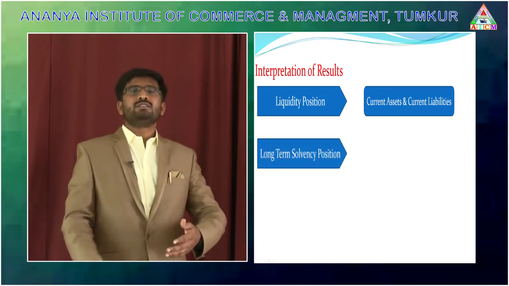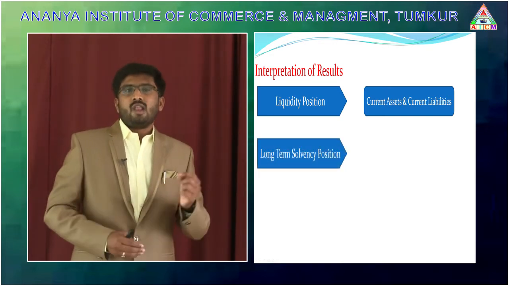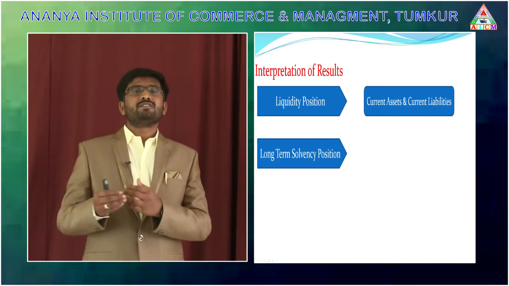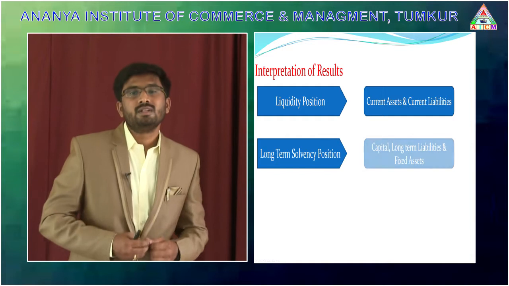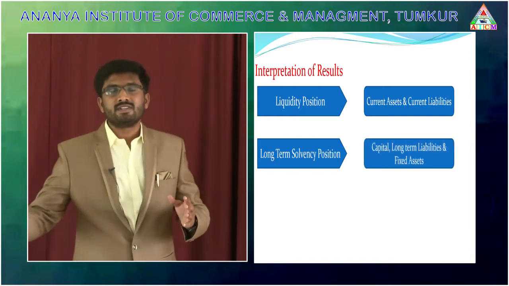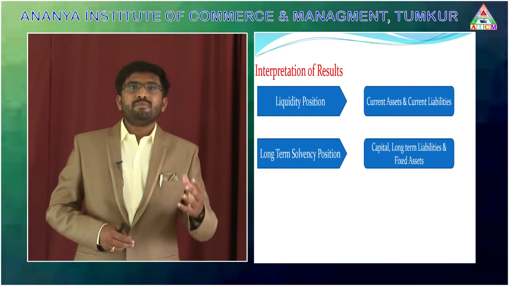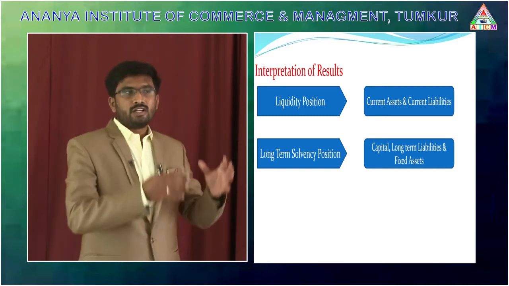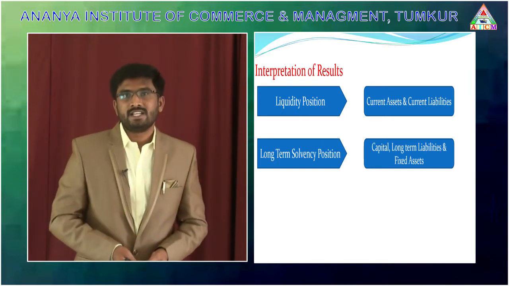Then next we move on to the second interpretation, the long-term solvency position. In order to do this, we take up capital and long-term liabilities and compare them with the fixed assets. The capital and long-term liabilities are the main sources of funds to the organization.